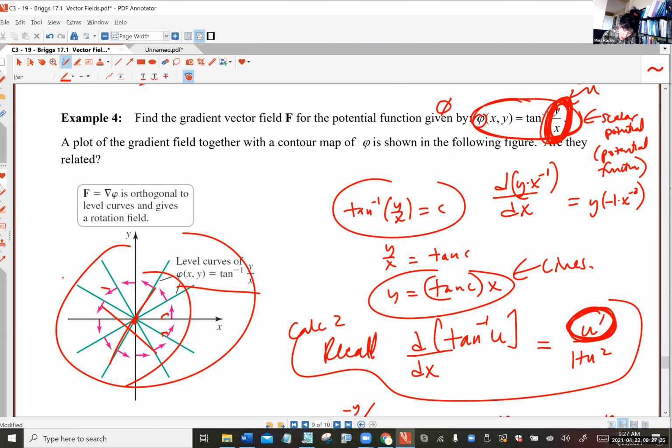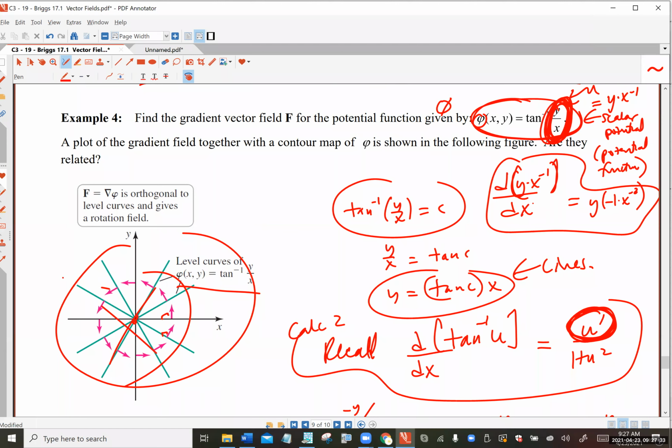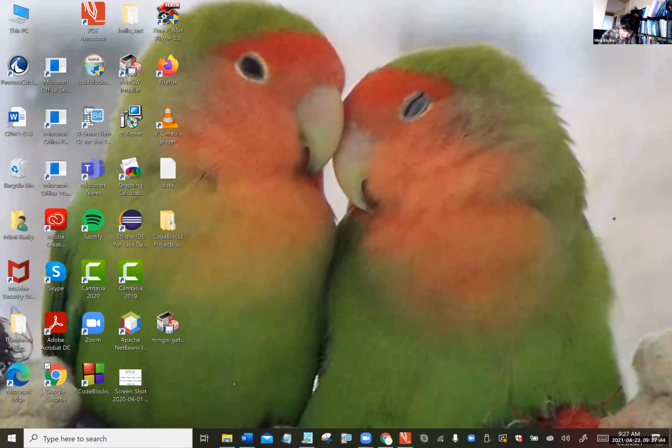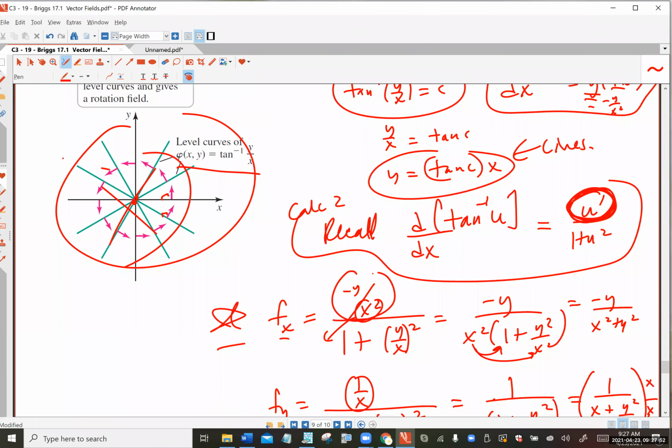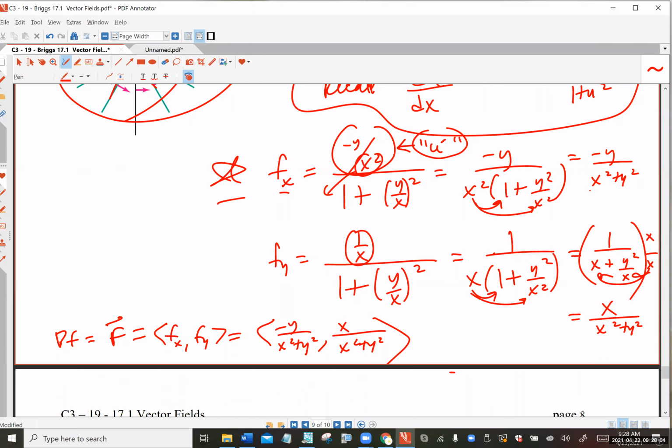And when you differentiate y over x with respect to x, and I just rewrote that as y x to the -1, that's what I was doing right here. The y is a constant multiple, and the derivative of x to the -1 power is -1 times x to the -2, which if you rewrite it is -y over x squared. So I'm putting the u prime right there in the numerator because that's what the chain rule tells me to do. Does that help? Yeah, that does. That's the thing I was confused by.